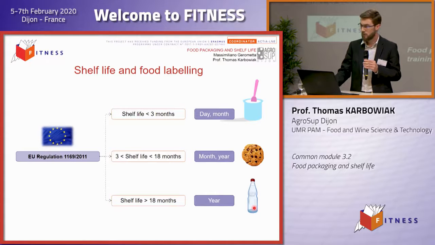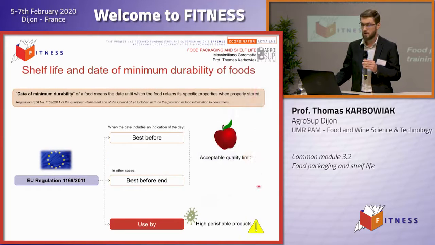What's also important to have in mind is the date of minimum durability of food. And this means the date until which the food retains its specific properties when properly stored. And this is an important thing, because the environmental conditions to which the product will be submitted will obviously affect the shelf life.